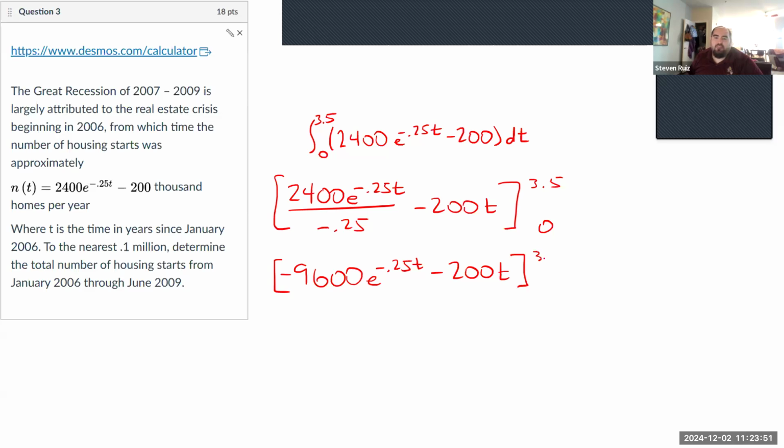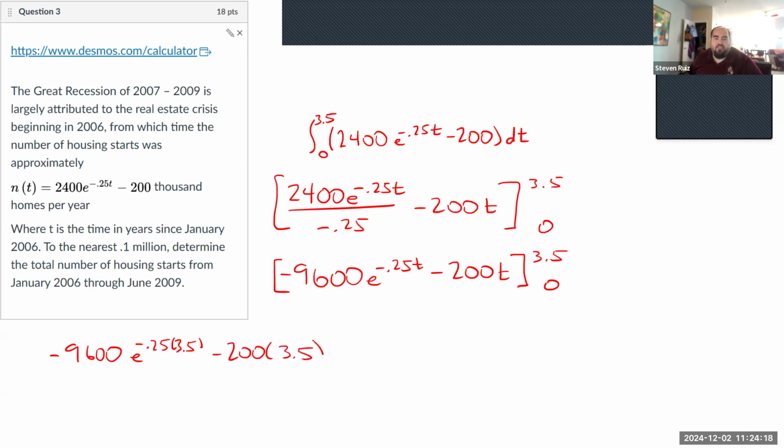Now we can use the fundamental theorem of calculus to evaluate this at both ends and find the difference. So when I plug in 3.5, what do I get? Negative 9600 e to the negative 0.25 times 3.5 minus 200 times 3.5.